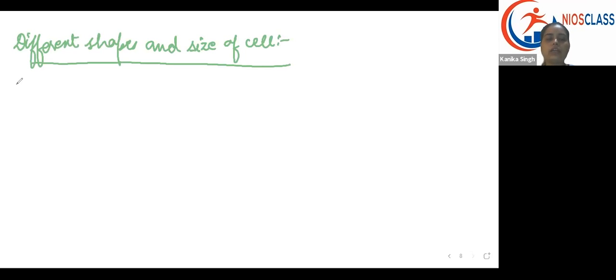Before starting it, can you please tell me the shapes of the cell? Like you have seen, sometimes you remember after seeing the textbook, that these were the shapes present in the environment for the cell. You can type it in the chat box if you know the answer. Otherwise, I'll tell you.